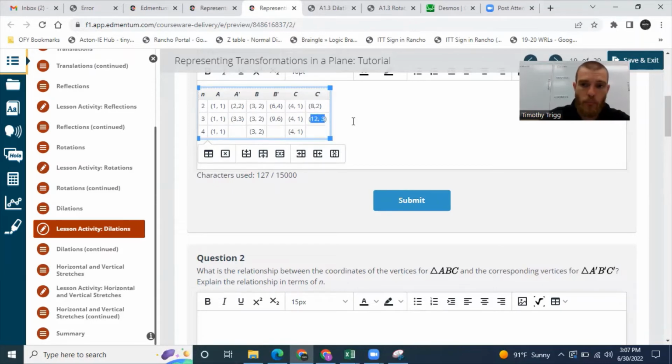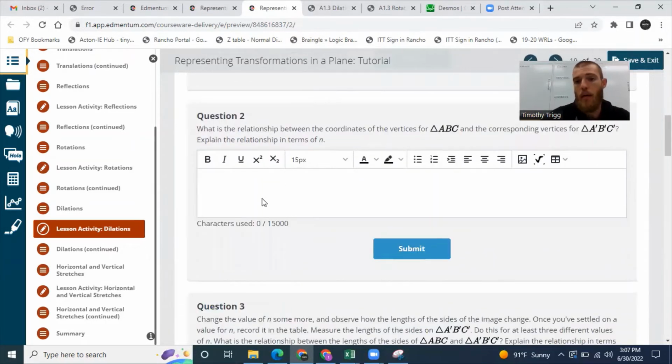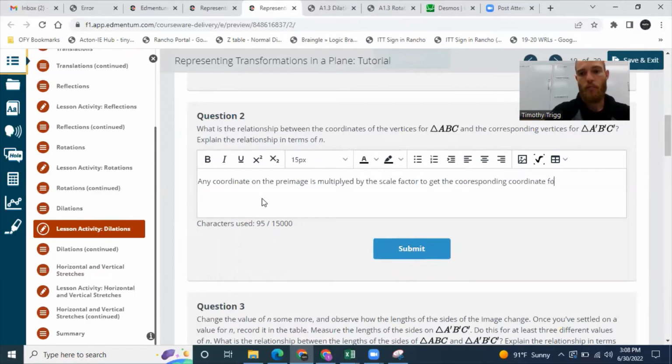See that? So that's what I want you to state here, that any coordinate on the pre-image is multiplied by the scale factor to get the corresponding coordinate for the image.